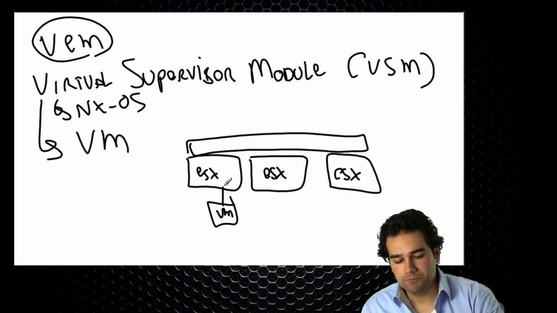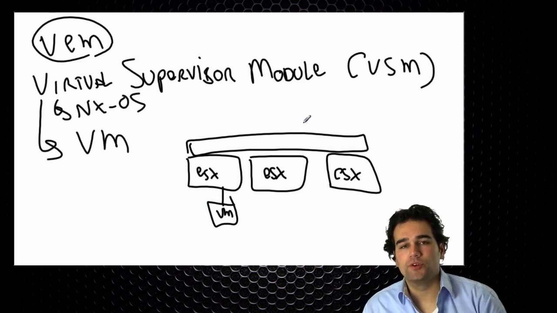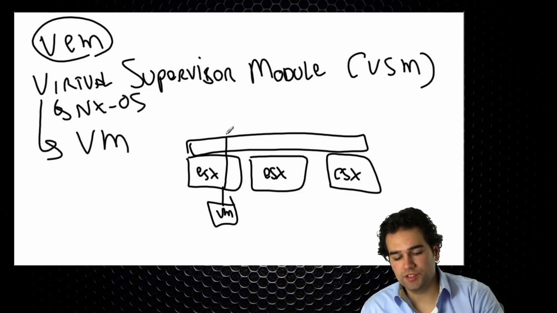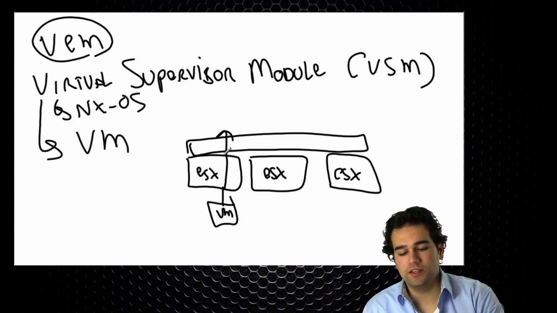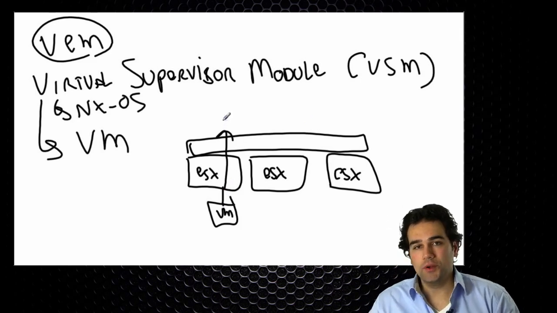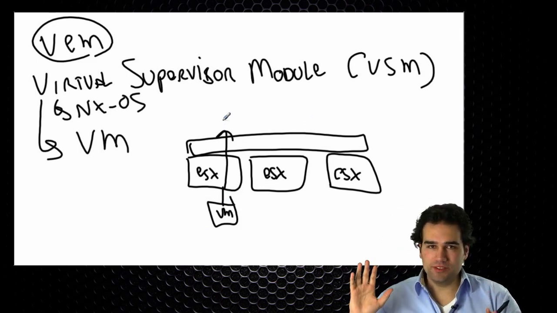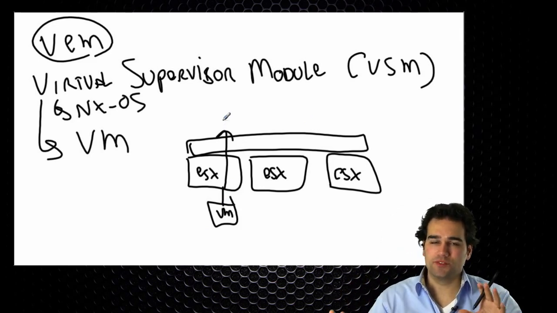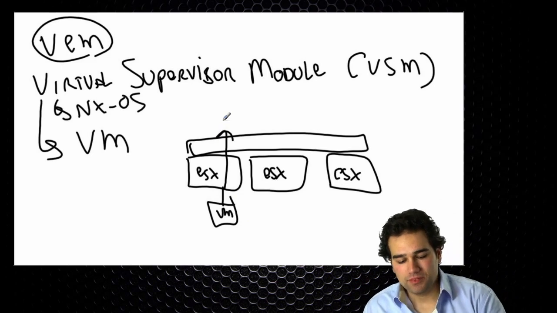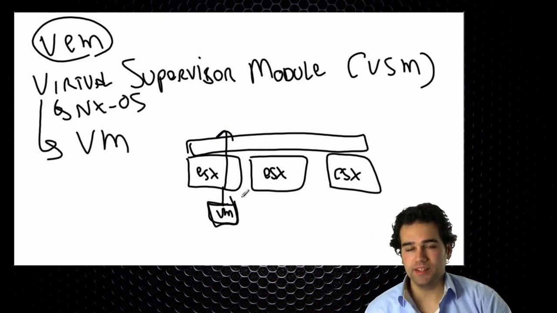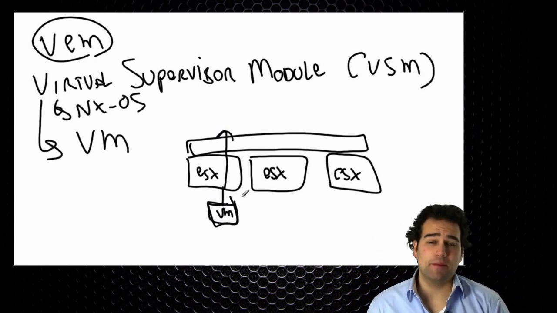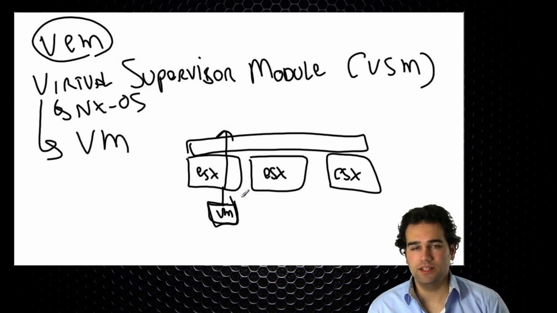And that VM will still be able to contact the outside world just through itself. Remember, this is the 1000V and it can access the network going through itself. At some point you need to let go of what is a virtual and what is a physical link here, but I can host that VSM inside an ESX server. It can be any ESX server.